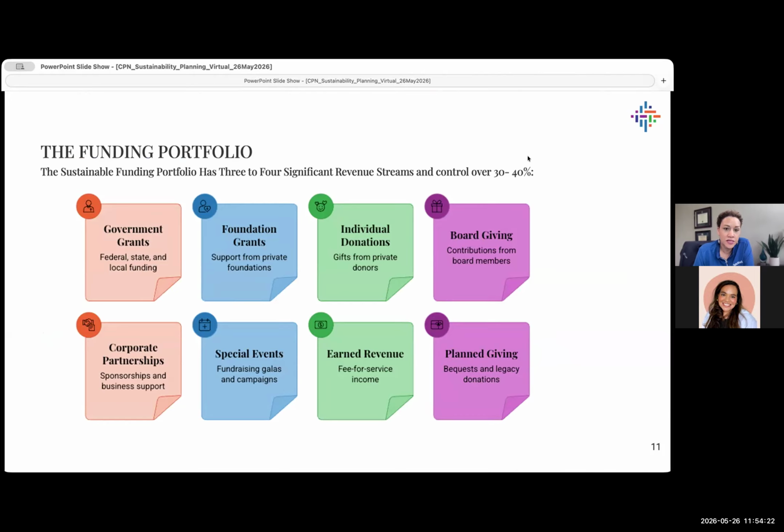The larger cities, oftentimes their county health departments or city health departments will provide funding for similar work. All of you here are supported by a foundation grant from the Robert Wood Johnson Foundation. We get individual donations. We depend upon our boards to contribute. Some of you have corporate partnerships.